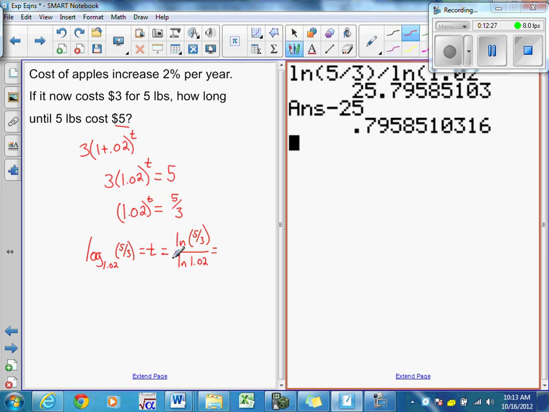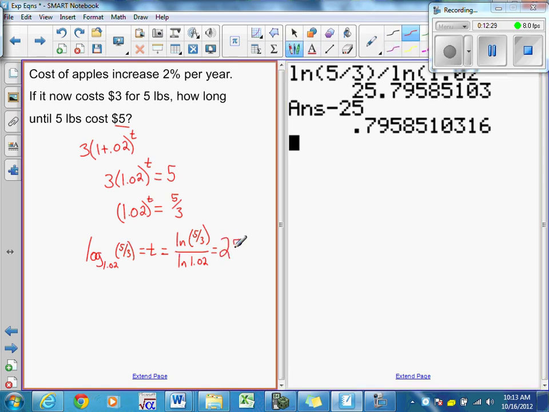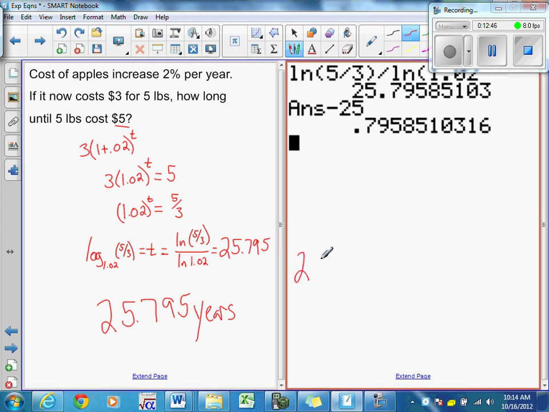So that would give us 25.795. Now that is 25.795 years. Let's say we want to write that in terms of months. How do we do that? Well, we have 25 years, so we could subtract the 25 and get 0.79585 as a decimal. That's in years.